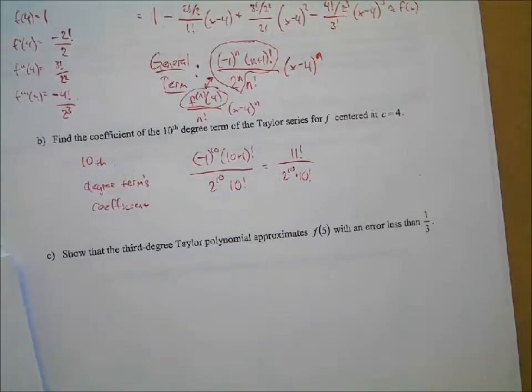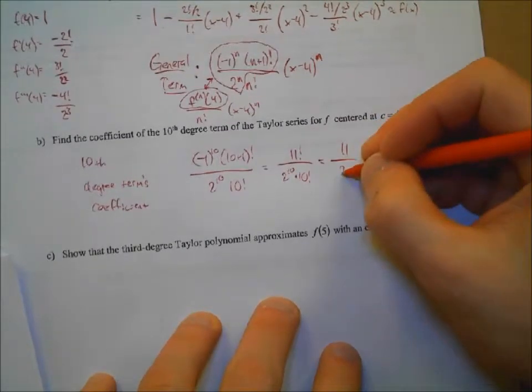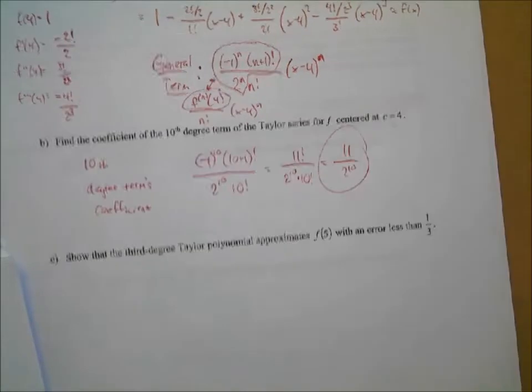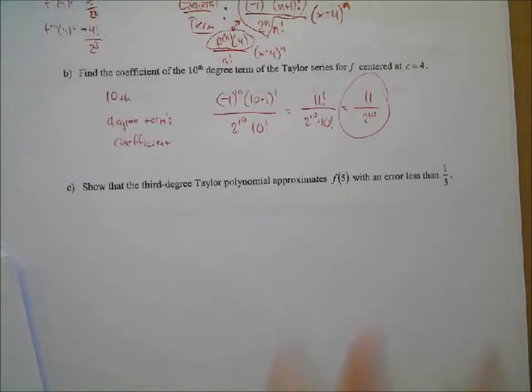And we can simplify a little bit further, right? Because what is 11 factorial divided by 10 factorial? Just 11, all over 2 to the 10th. And so there's our answer. That will be the coefficient of the 10th degree term. That's why it's helpful to have that general term. We can use that to get that coefficient pretty easily.